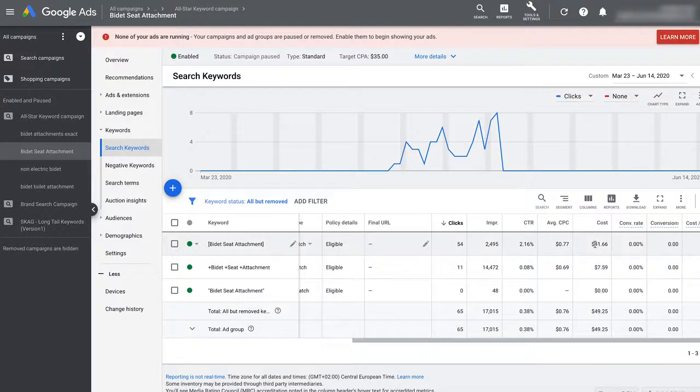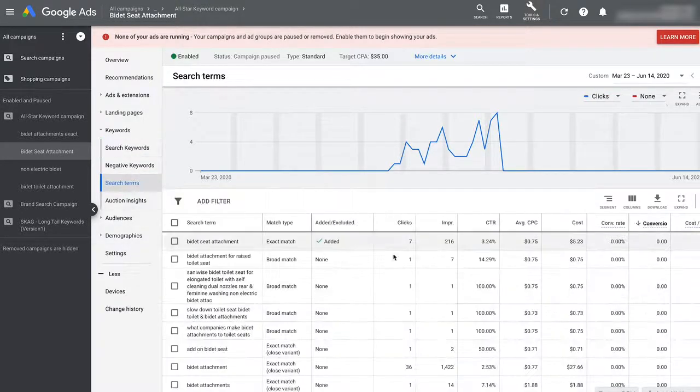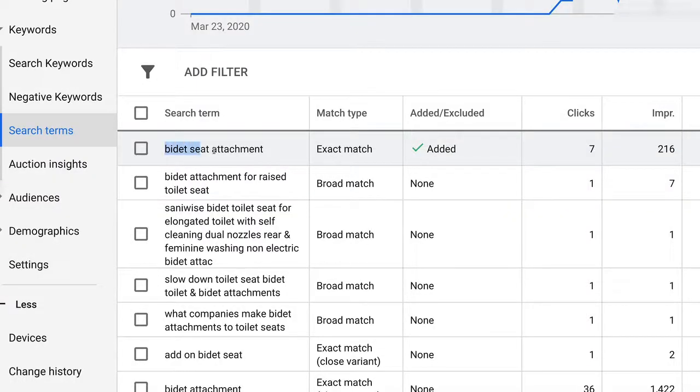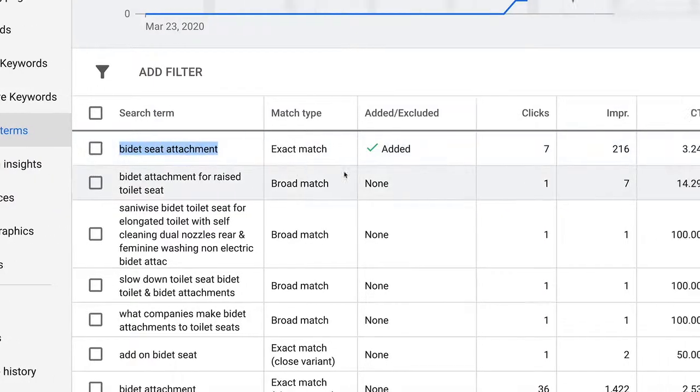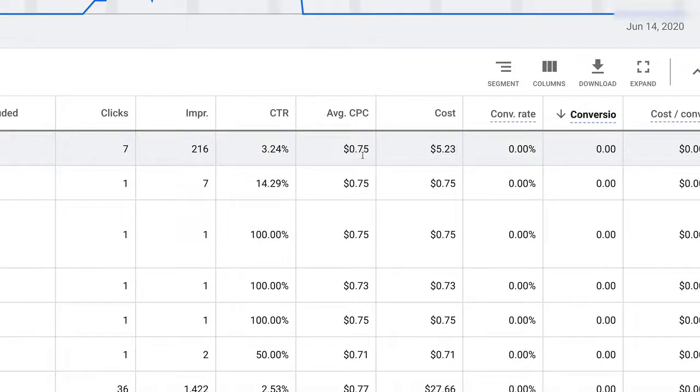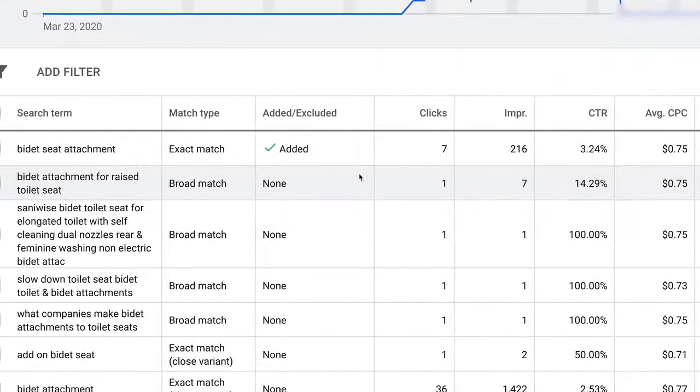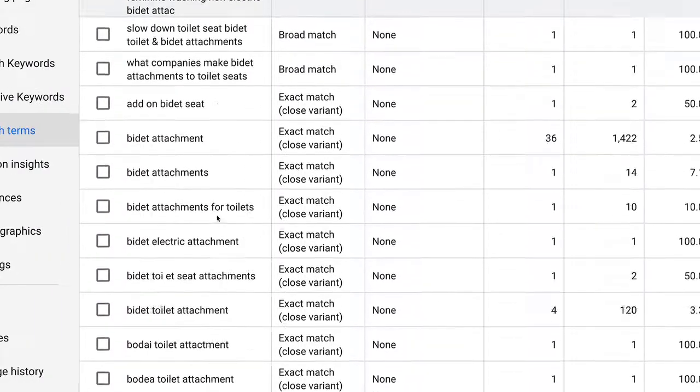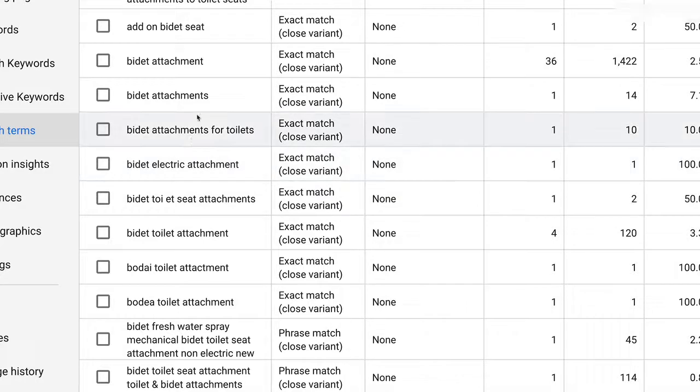And I know, okay, you spent $41 here, but still, if we look at the search terms, this is the winning term, right? Bidet seat attachment. And you actually only spent $5 on this one, right? And then there's these other terms that were showing up that honestly you should exclude.